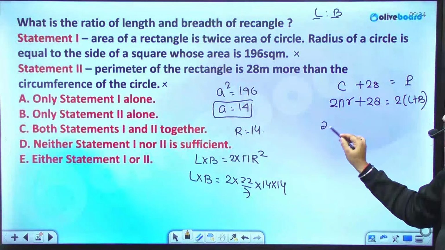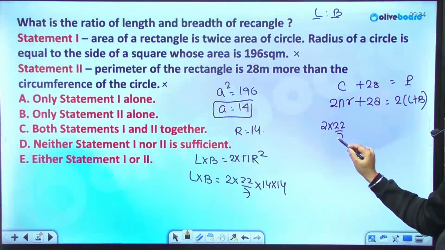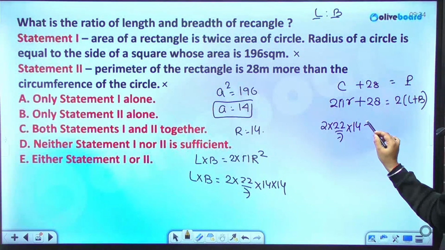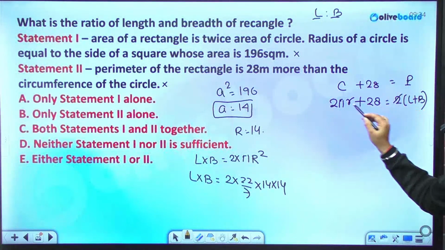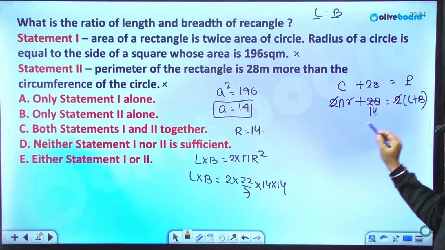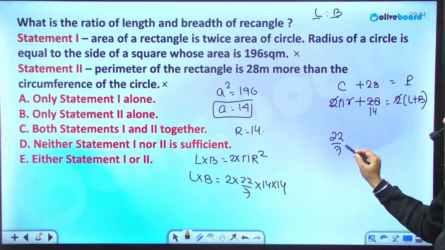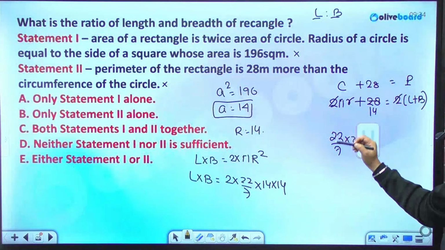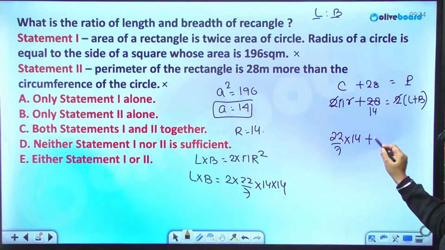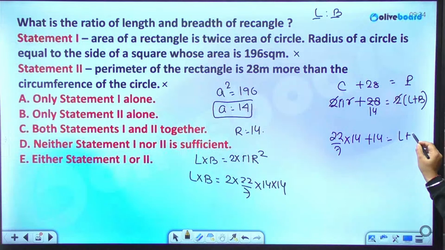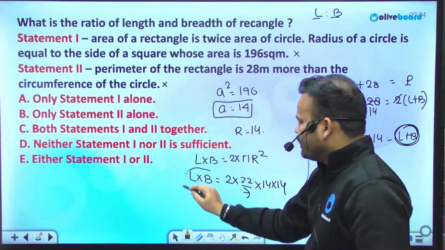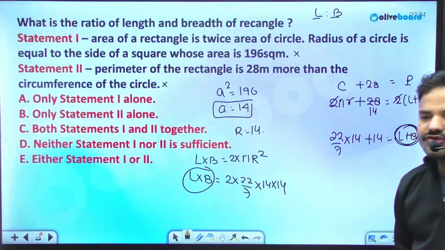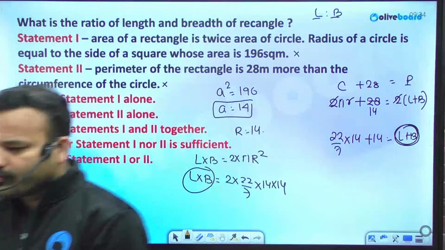So 2 into 22 by 7 into r, where r is 14, plus 28 is equal to 2 into (L plus B). So from here we can eliminate this 2 also. 22 by 7 into r plus 14, r is 14, so 14 plus 14 is equal to L plus B. So we know the value of L plus B and we know the value of L into B. So from here we will be able to calculate the answer. So statements 1 and 2 both are needed.